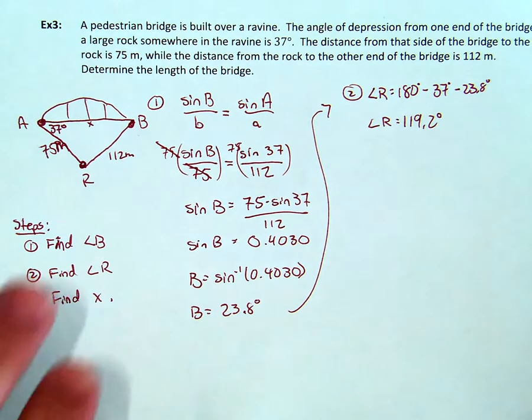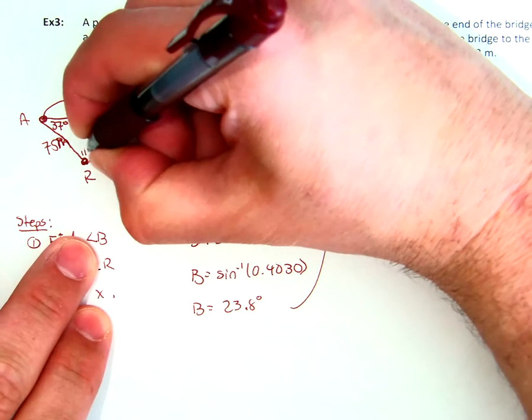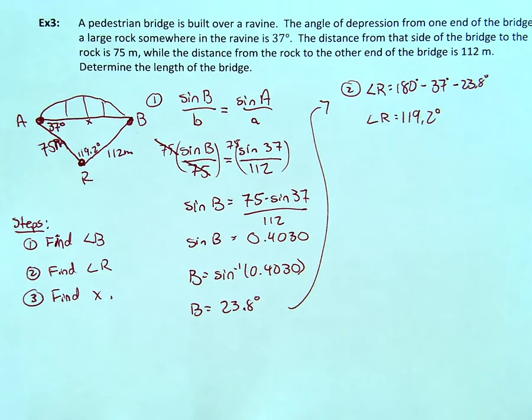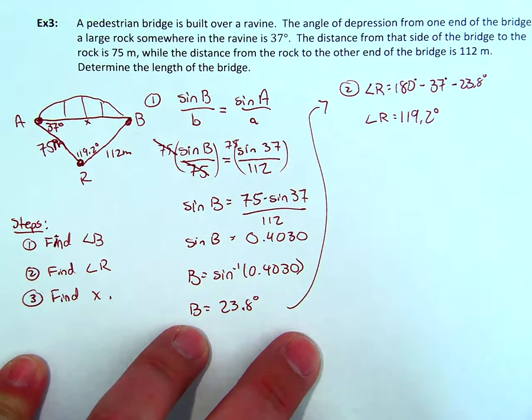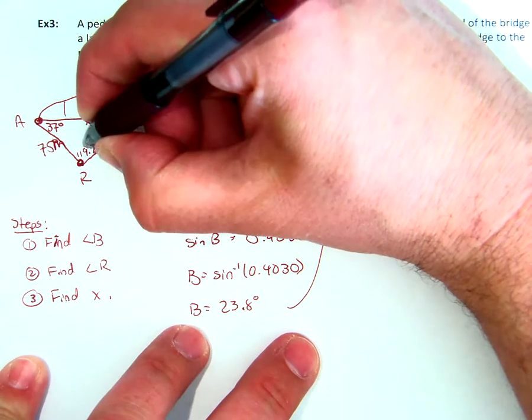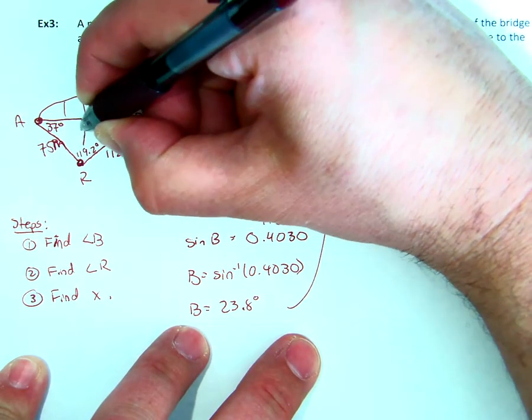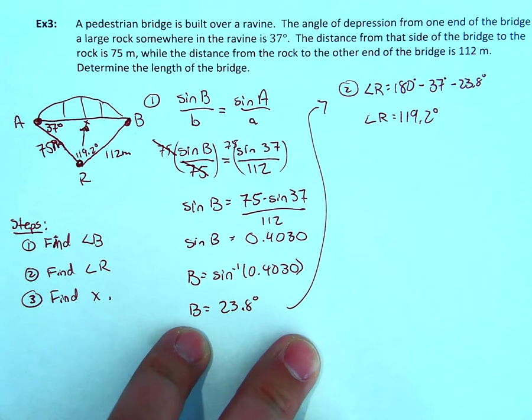So I know now that this is 119.2 degrees. So what I'm going to use is the fact that now I know an angle across from a side, which I knew originally, and I know an angle across from the unknown that I want. So now I can use the sine law to figure out x.